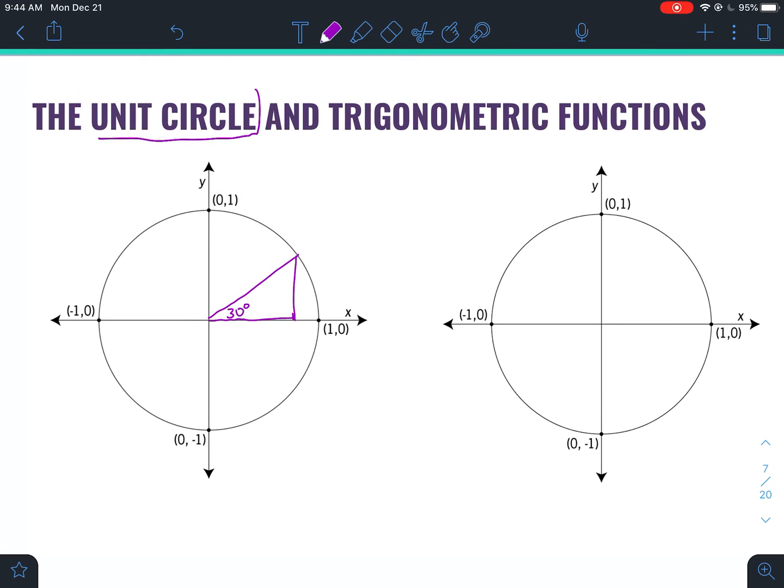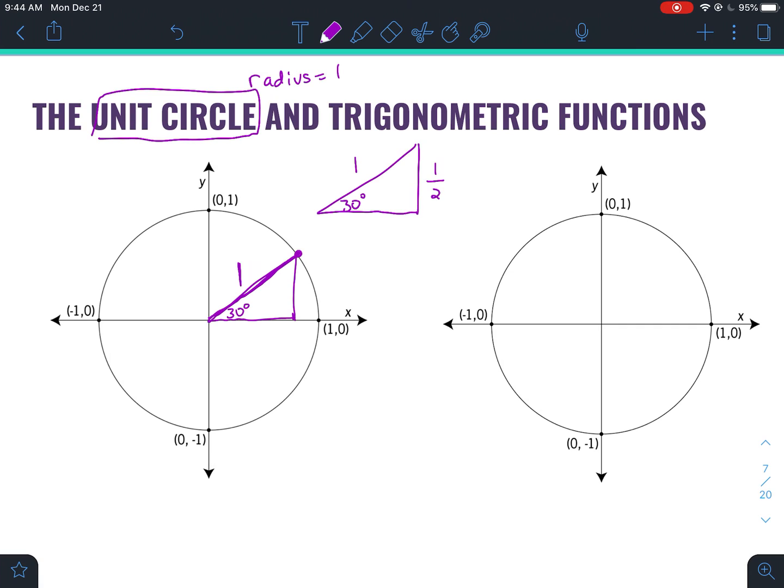So if we wanted to find the sine, cosine, and tangent of 30 degrees, well, if it's a unit circle, the radius is going to equal 1. So the hypotenuse is going to be the radius, because notice it goes from the center to the outside. So the radius is 1.